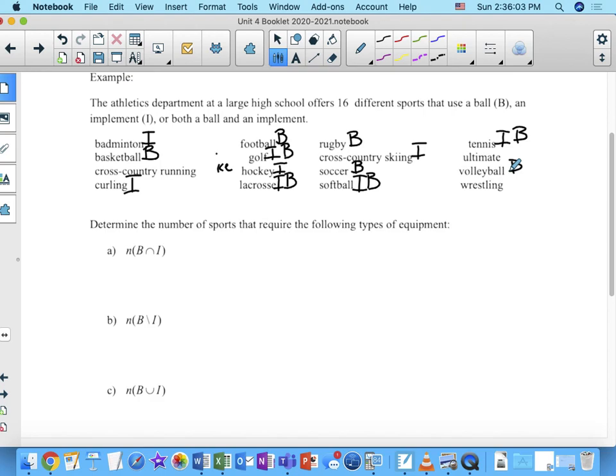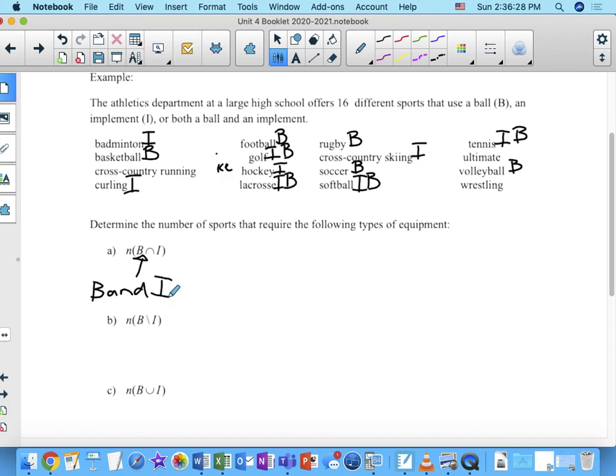Okay, so determine the number of sports that require the following types of equipment. So the number of elements in B intersection I. What does B intersection I mean? Intersection is and, ball and implement. Okay, so we have to look at the ones that use both.